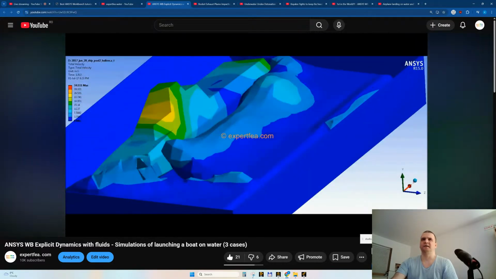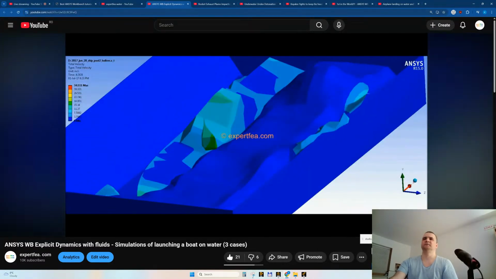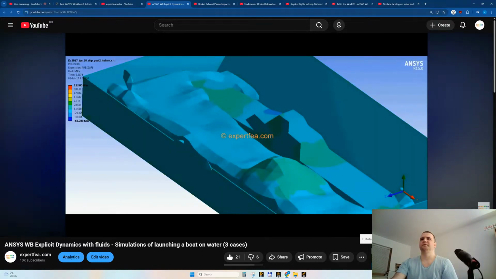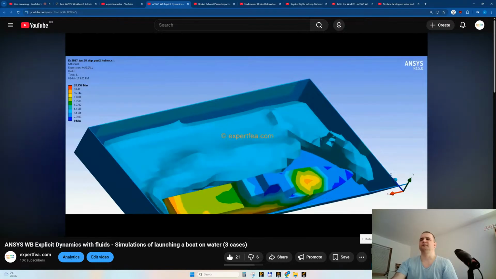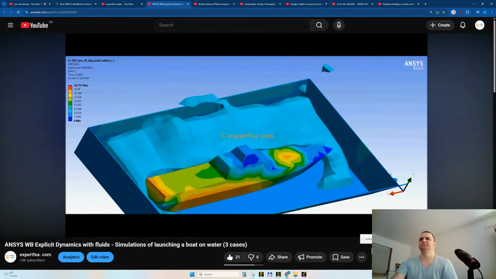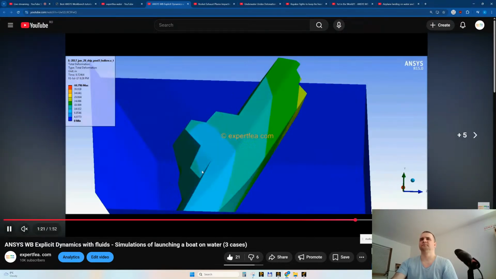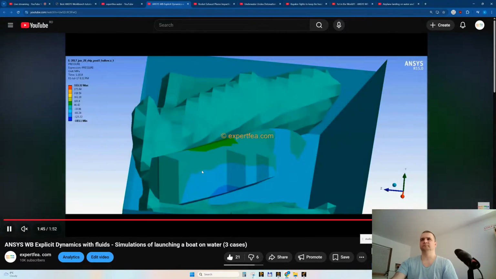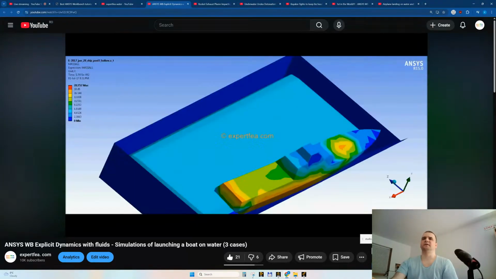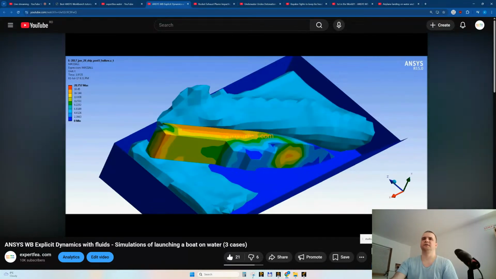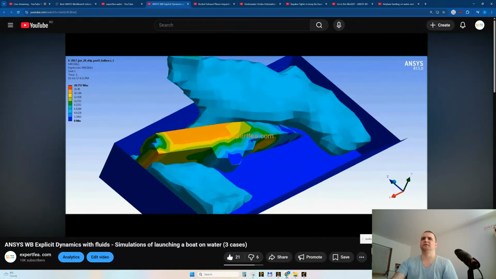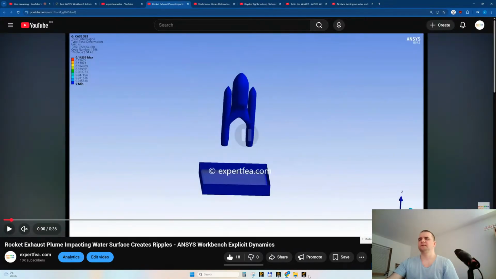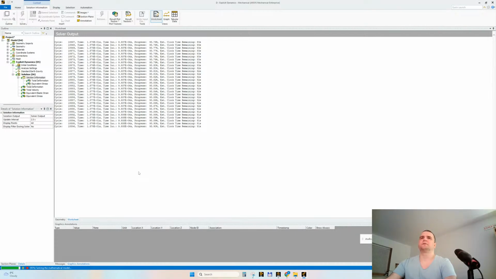I modified, I think, the initial velocity of the drop. It floats so nicely. Now the initial velocity is highly increased, and this is why we have a lot of deformation and shock there. Let's see here.